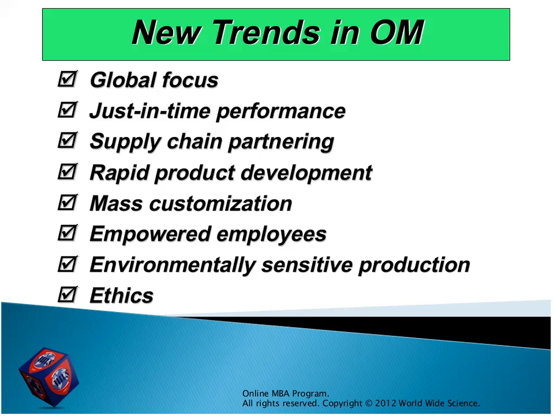As you see, one of them is the global focus, just-in-time performance. Just-in-time is one of the strategies that huge companies establish to purchase raw material on time and produce products on time and deliver them on time to customers.